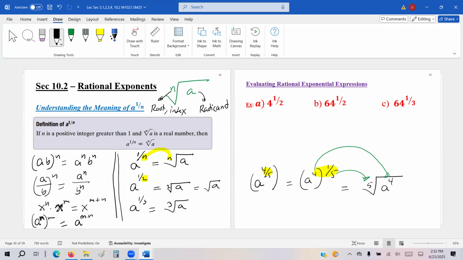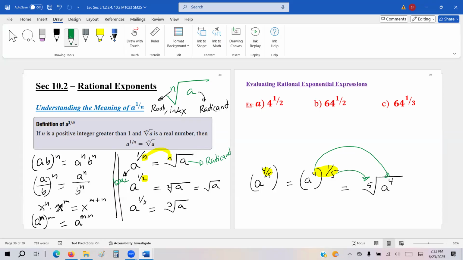We call it the radicand if it's inside the radical, but we call it the base if it's in fraction format. So here our a is called the base, but the same a, if it goes inside the radical, we call the radicand. So it's base if you have the fraction power, radicand if it's inside the radical.